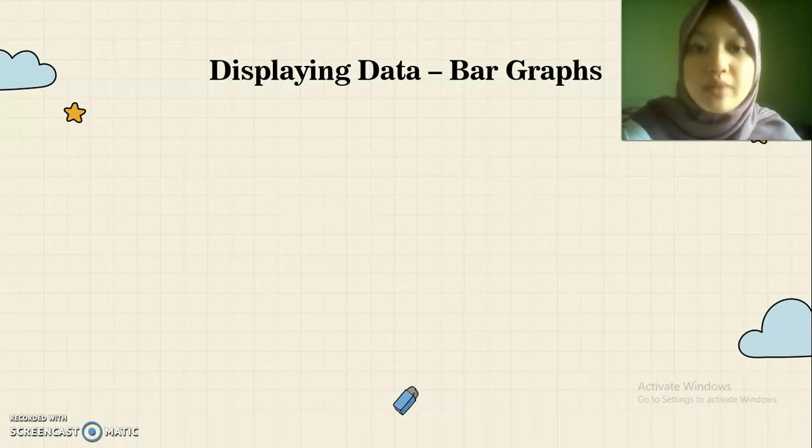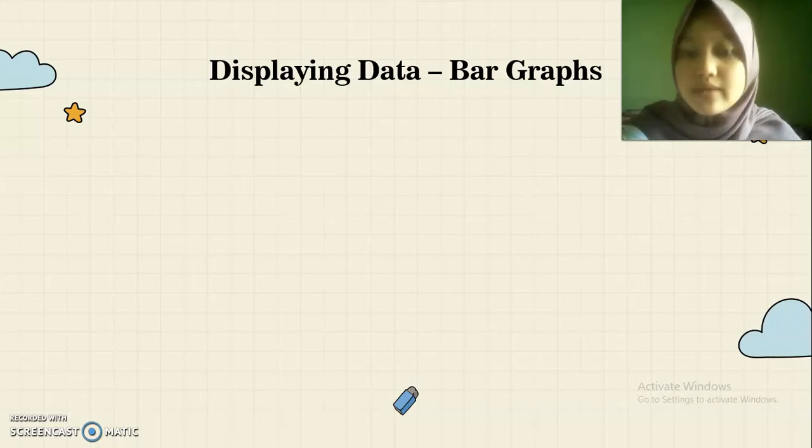For the bar graphs, we know that a graph interprets the relationship between two or more variables using rectangular bars, and the rectangular bars can be drawn either vertically or horizontally, but the common one is vertical. The graph contains the horizontal axis, symbol x, and the vertical axis, symbol y.